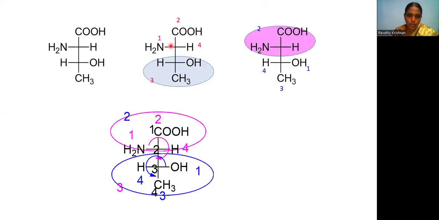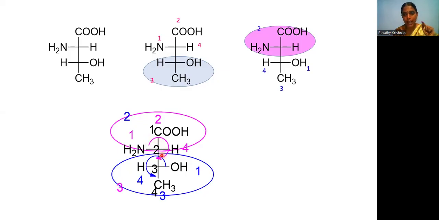Here, for this molecule, for this chiral carbon, the order is found to be 1, 2, 3. It is shown here 1, 2, 3, highlighted in pink. The rotation is shown by the pink arrow mark, so it is known as clockwise direction.